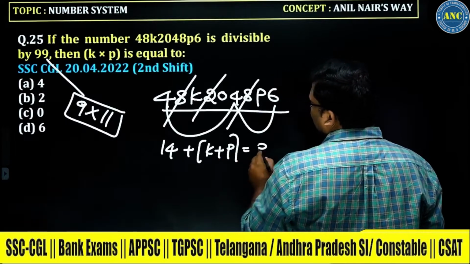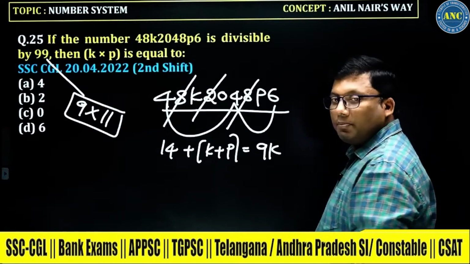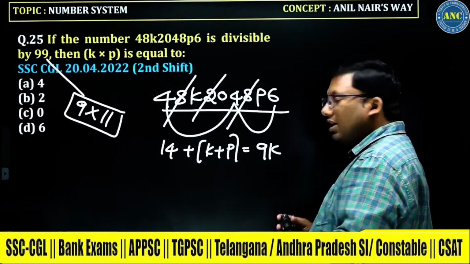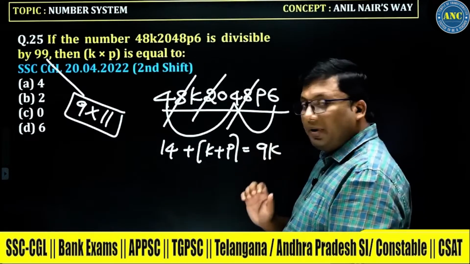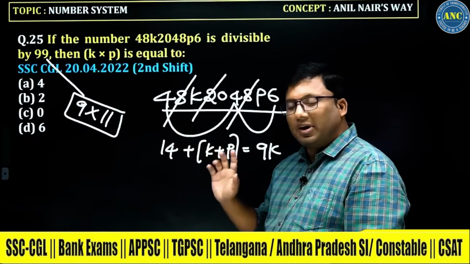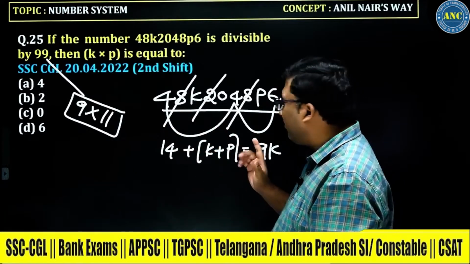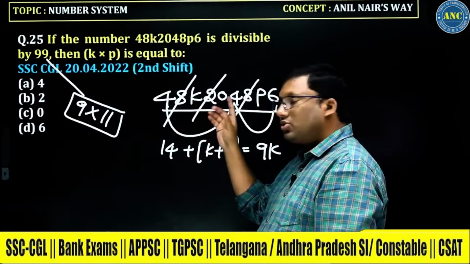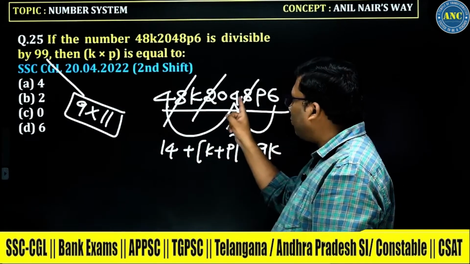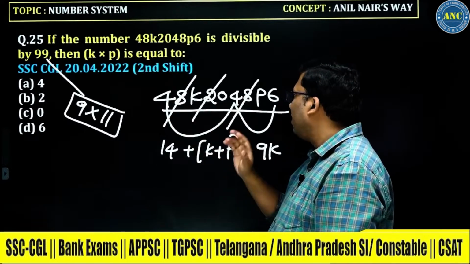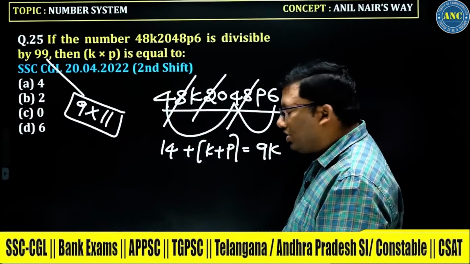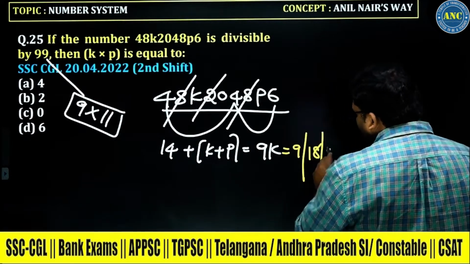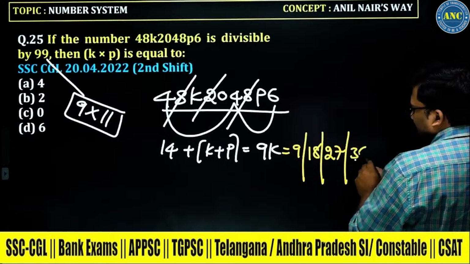It should be divisible by 9. Till here, is the idea clear? Again, I am repeating it. It should be divisible by both 9 and 11. For 9, 8 plus 8 is 16, 16 plus 2 is 18, deleted. 6 plus 4 is 10, 10 plus 4 is 14. So 14 plus K plus P should be a multiple of 9: 9, 18, 27, 36.